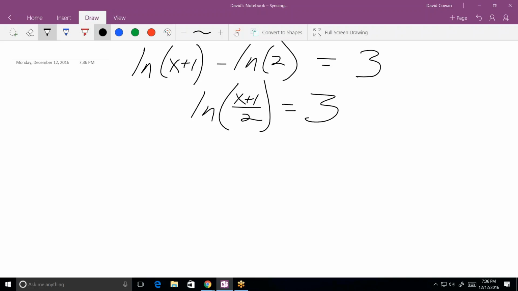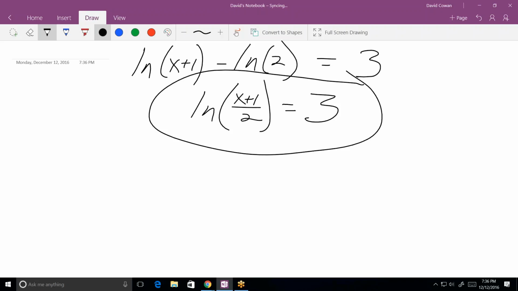Now, how do you solve log equations once you get it down to a nice, concise expression like this? You are going to convert it to the exponential form. What is that conversion here? The x plus 1 over 2 is all one unit.